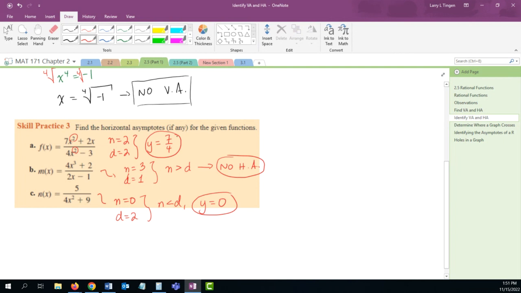Remember that n is the degree of the numerator, d is the degree of the denominator. Don't get confused, because there was just a little half second there where I said, oh, 5, that's degree 5. No, it's degree 0 because the x is not there. So I've got x to the 0.